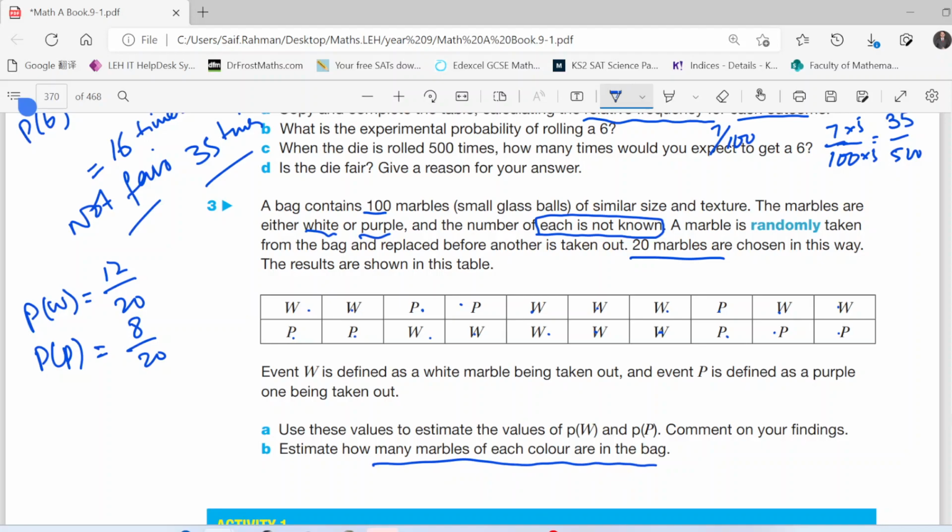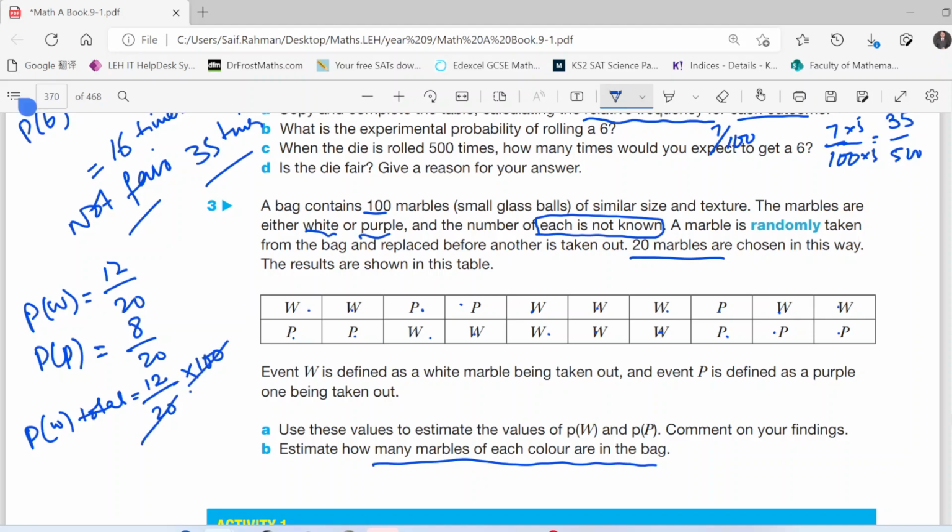So, keeping in view these probabilities, the probability of white is out of 20, then we can calculate how many out of 100 are likely to be white. So the probability of white total, we can calculate 12 over 20 times 100. There are a total of 100 marbles.